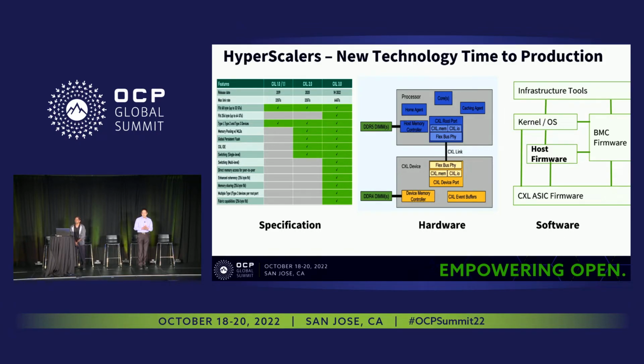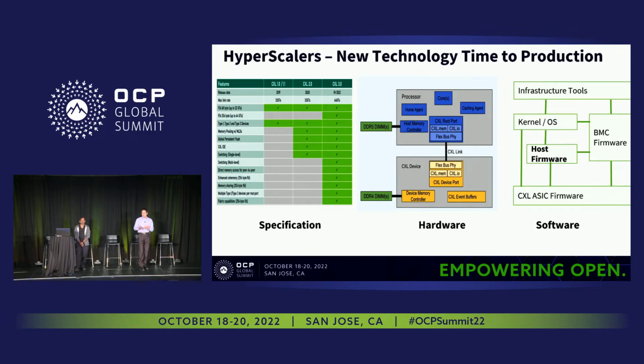But in our case, we are at the center of the spec definition. We design our own hardware. We work closely with device vendors; except for the ASIC, we own everything else, and we also work closely with Intel.